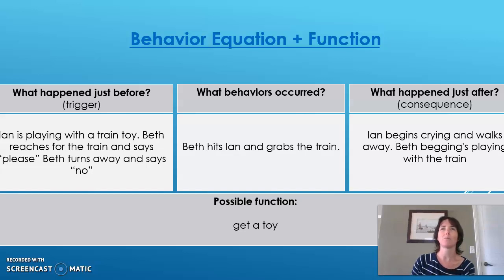Throughout the day, you might use strategies like, oh, Beth, I notice you're going to the block area. Would you like to get the toy there? Let's ask. So you would be proactive and create a plan that goes before the occurrence happens because you know it will. And it's our job as teachers to change the way we do things to help them get better. I hope this makes sense.